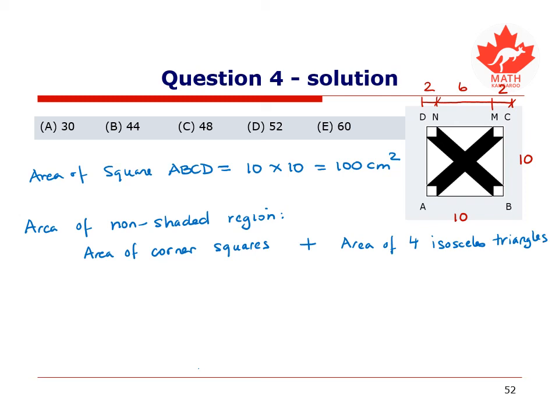For the area of the corner squares, we had worked out earlier the dimensions for the corner squares. They're 2 centimeters by 2 centimeters. So 2 times 2 would give us the area for one of the corner squares, and we have 4 of them. So we have 4 times 2 times 2, which gives us 16 squared centimeters.